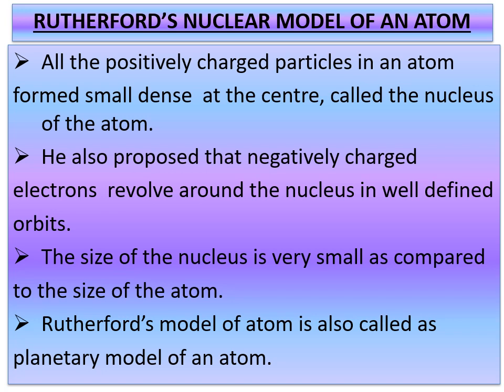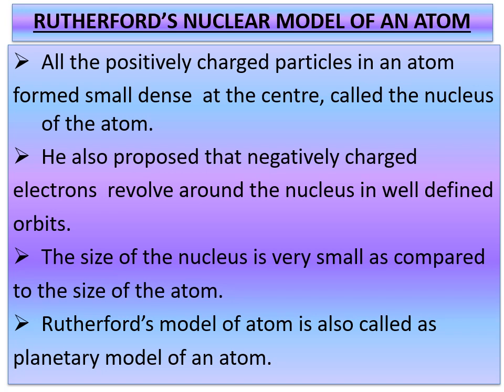On the whole, he has postulated like this. Related to Rutherford's nuclear model of an atom, all the positively charged particles in an atom form a dense, small body at the center called the nucleus of the atom. He also proposed that negatively charged electrons revolve around the nucleus in well-defined orbits.